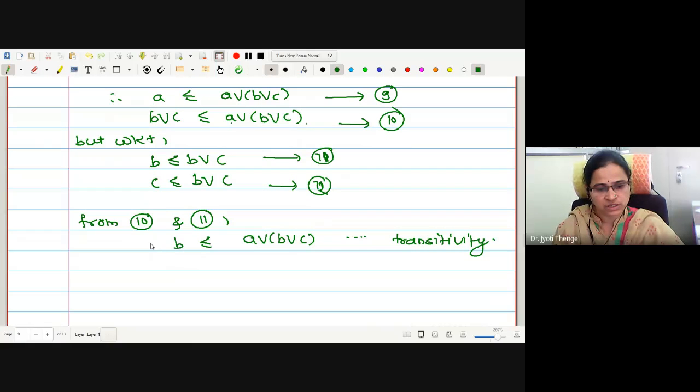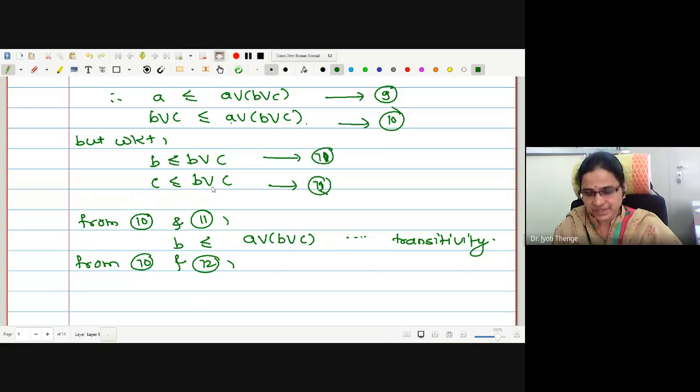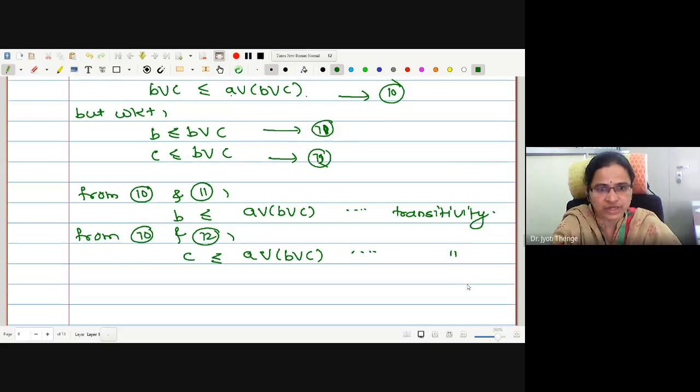Now from the second one, C precedes B join C. B join C precedes this. Therefore, from 10 and 12, C also precedes A join B join C with similar reasoning of transitivity.